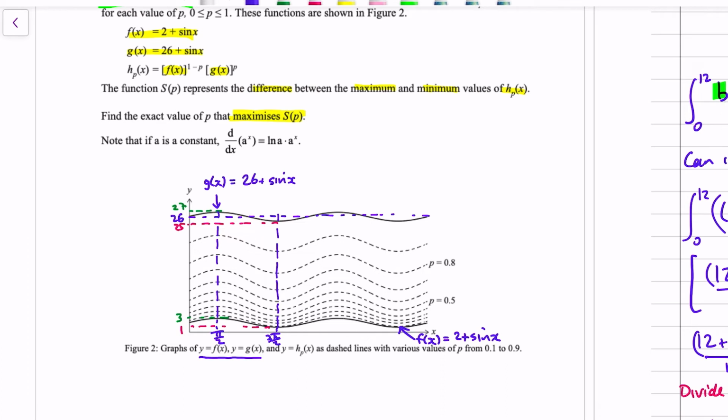Well, the h max is going to be when f of x and g of x are the biggest. So h max is going to be 3 to the power of 1 minus p multiplied by 27 to the power of p.